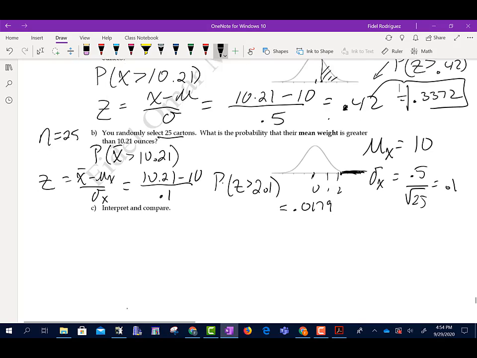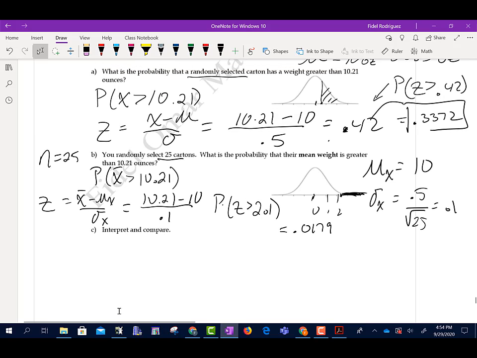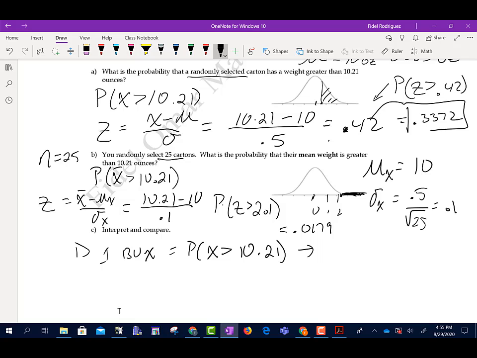Okay, now part C says interpret and compare. Okay, so when we took one box, like we did here, that's what we did in part A. When we took one box and we were trying to find the probability that its weight was greater than 10.21, we got something like 0.3372, which is the same thing as 33.72%.